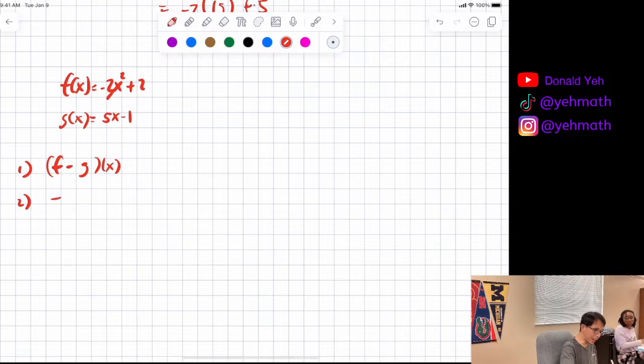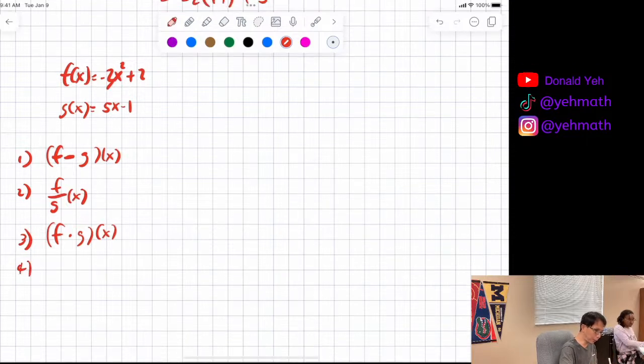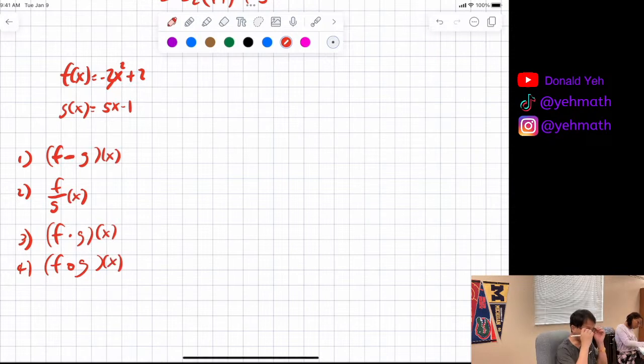Second, what is f over g of x? Also pay attention to restrictions. Third, I want you to do f dot g. Now remember, there's a difference between f dot g and f of g. Fourth, I want you to do f of g, like this. It's called fog.